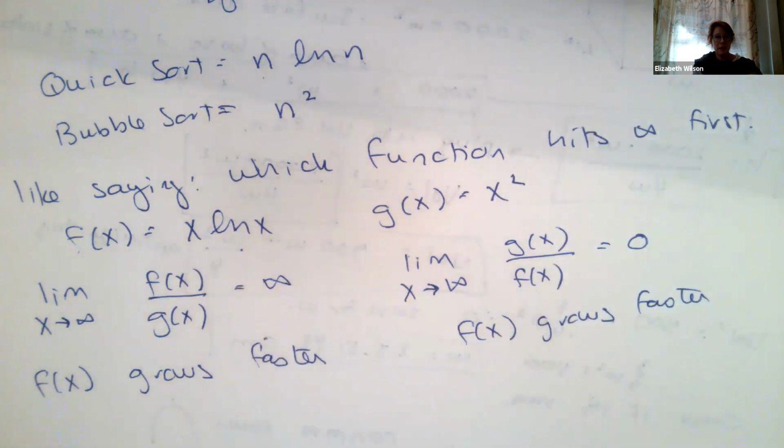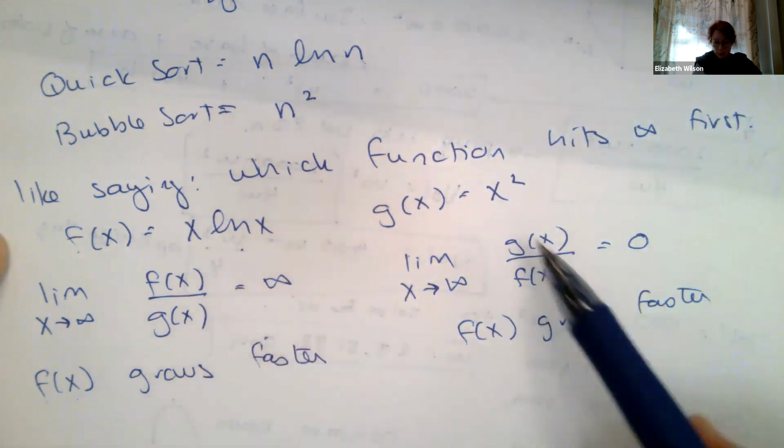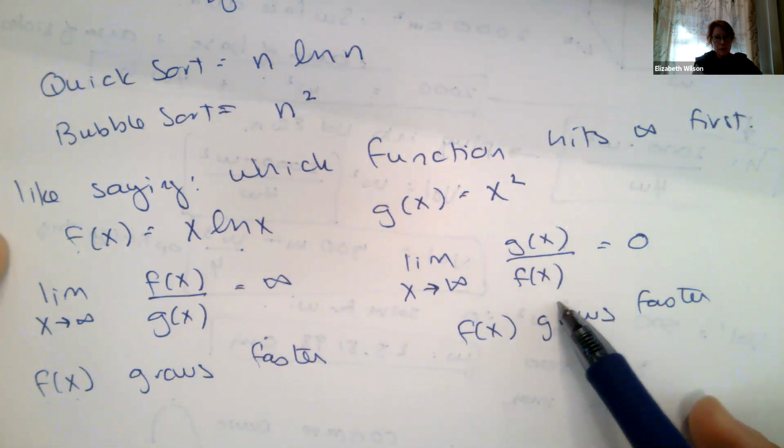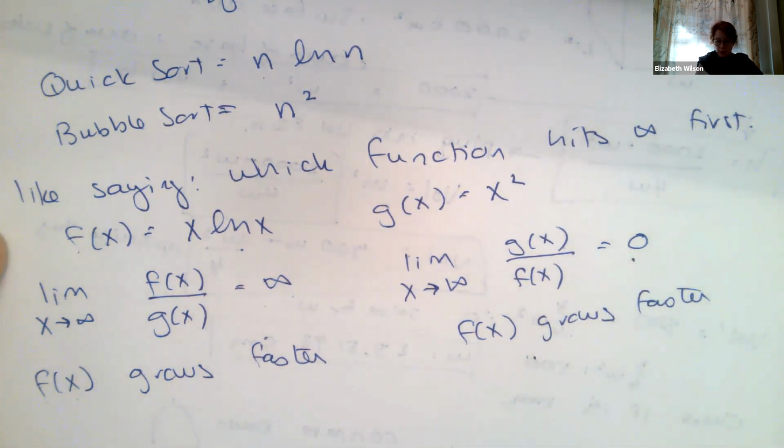All we're trying to say here is have some idea in your mind what your results are going to mean, right? So if f of x grows faster, then f of x over g of x is going to be infinity. If it's g of x over f of x, then it's going to be 0 because f of x is growing faster. So have it in your mind what you think the results are going to mean, so that when you do it, you're not like, what am I looking at here?